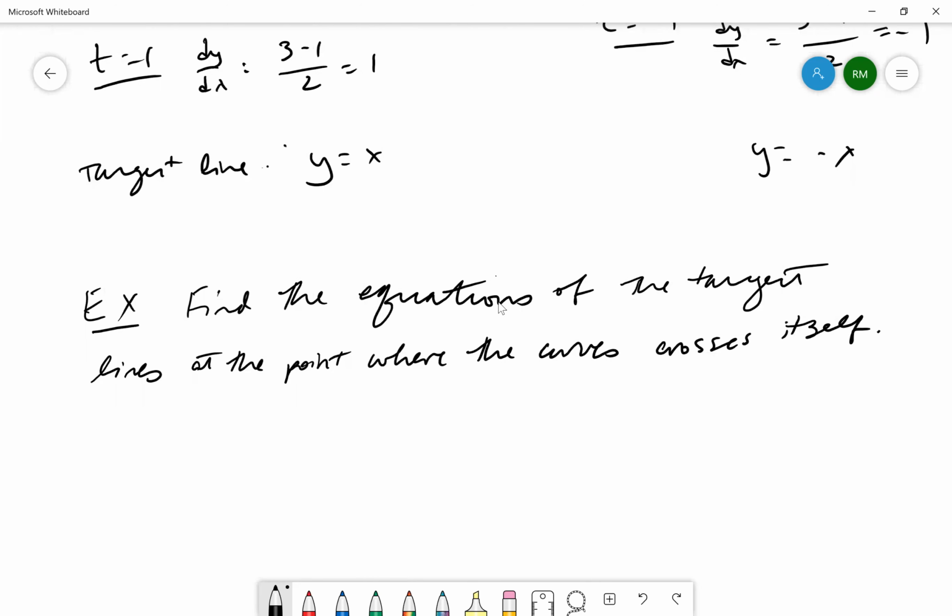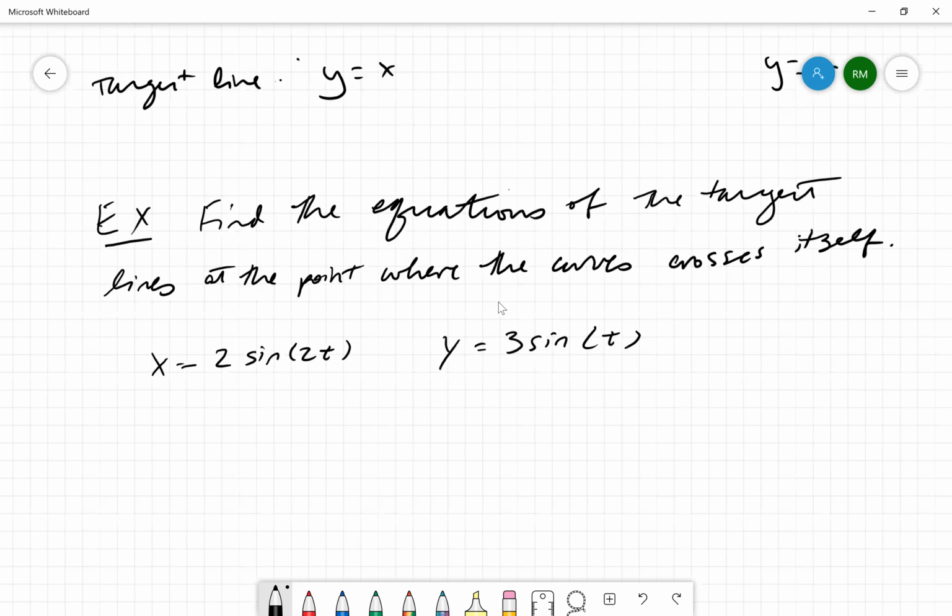So your equations will be x equals 2 sine of 2t and y equals 3 sine of t. So first you're going to need to find the point that it goes through twice, and then you're going to need to find the two equations of the tangent lines there.